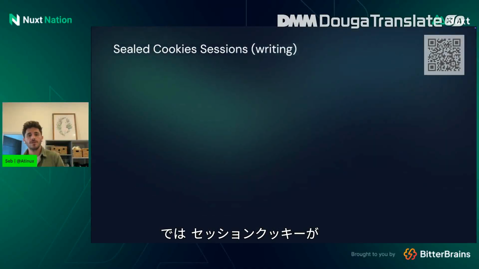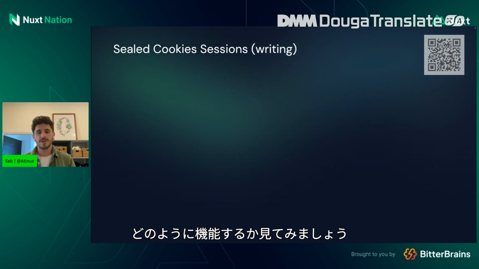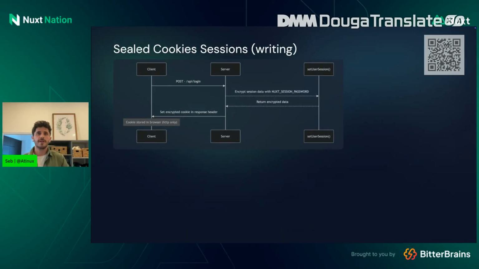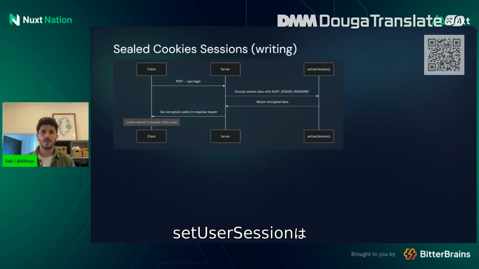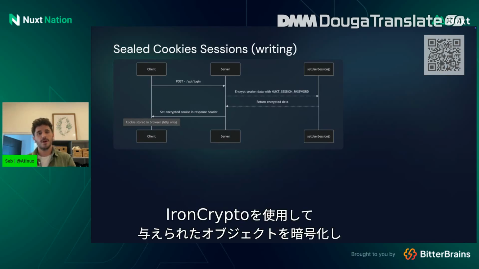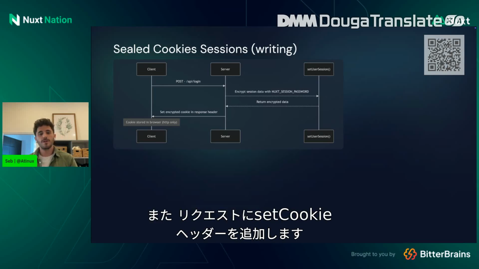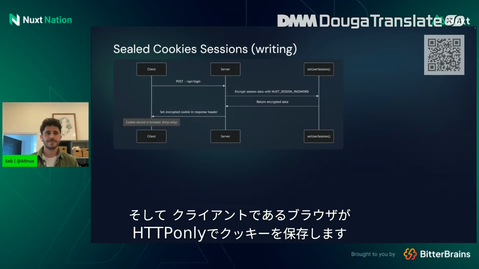So now let's have a look at how a sealed cookie works. When we call our /api/login endpoint, setUserSession will encrypt the object we give it using Iron Crypto, using our NUXT_SESSION_PASSWORD environment variable. It will also add the Set-Cookie header to our response.